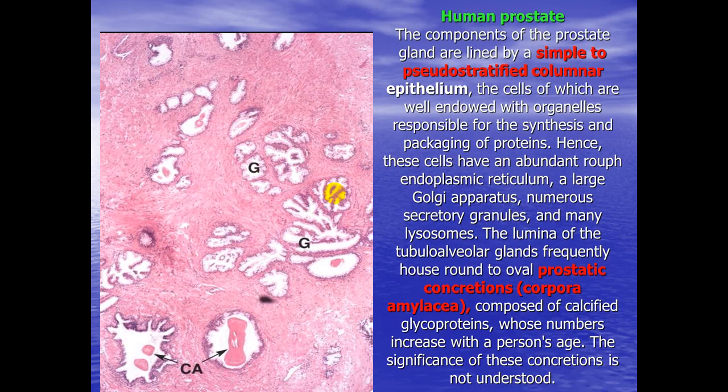And very interesting that aging of the person is accompanied by the formation of prostatic concretions, or corpora amylacea. You see corpora amylacea here, oxyphilic structures which look like small bones.